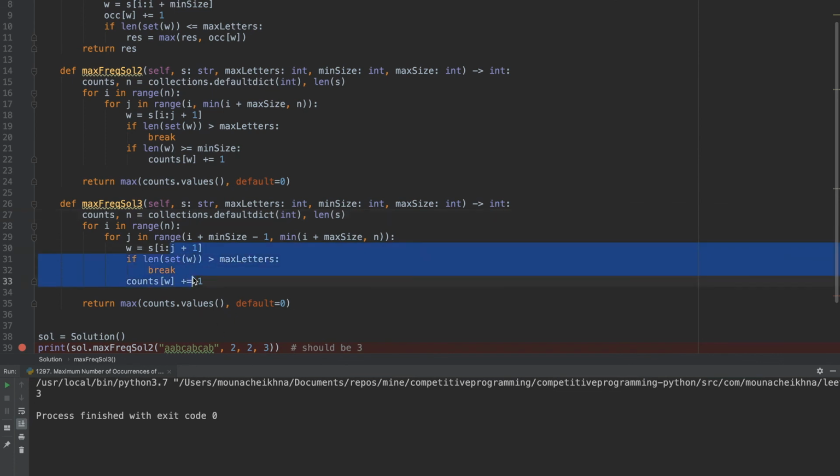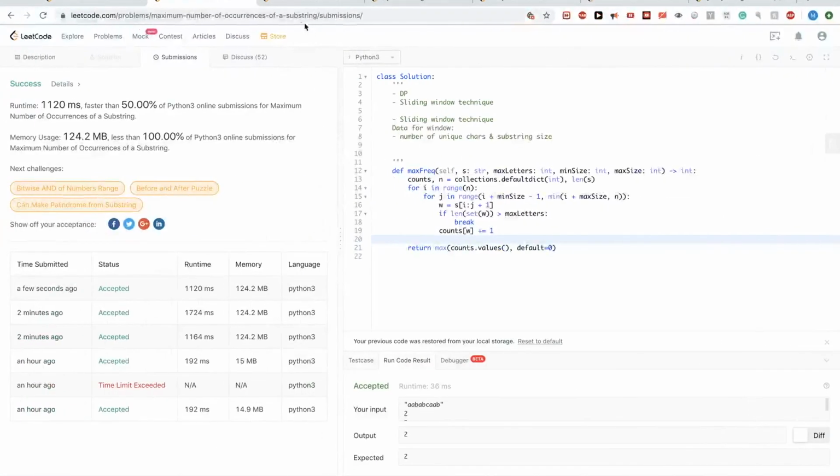So only valid words would be, so try all the starts, try all the endings, and check that it's valid, and increase the count of only those that are valid and take the maximum one, right? Pretty straightforward, yep. Okay.